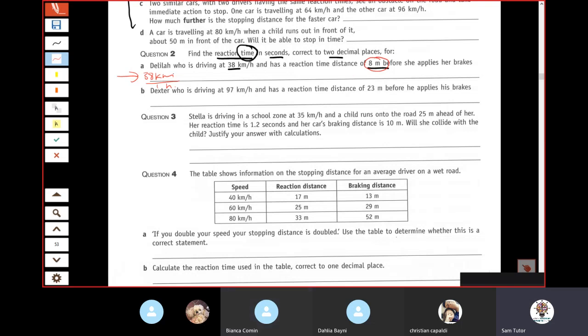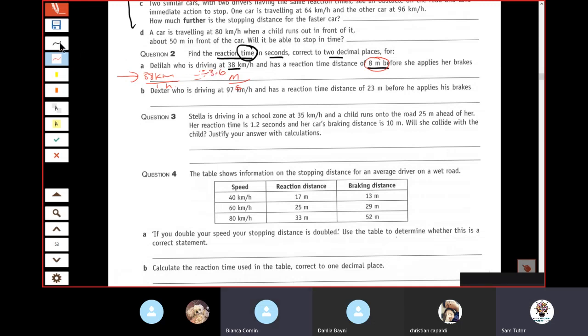You can't, unfortunately, use 38 kilometers per hour because it's in kilometers. You've got to convert this to meters. There is a trick for converting kilometers per hour into meters per second, and I will tell you that trick now, and then the long way of doing it. If you're traveling at 110 kilometers per hour, you divide by 3.6.